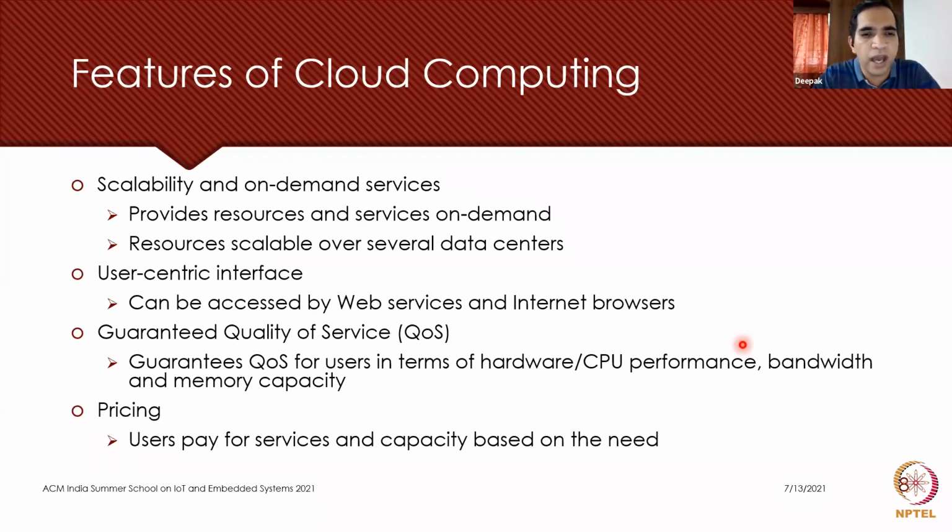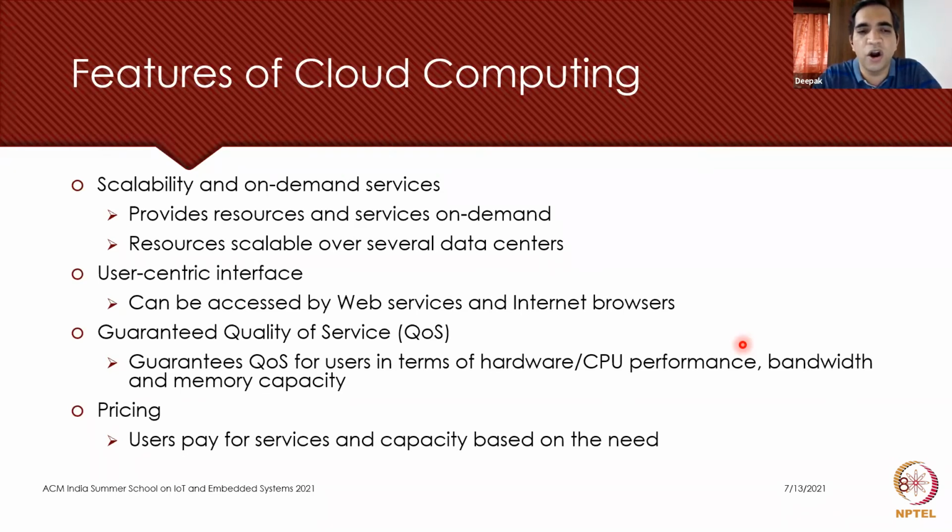So as we have seen, there is scalability in cloud computing, and there is also something which is known as on-demand provision of services. So if there are some services requested from the cloud, there is an on-demand way of providing the resources and executing those services on the cloud.